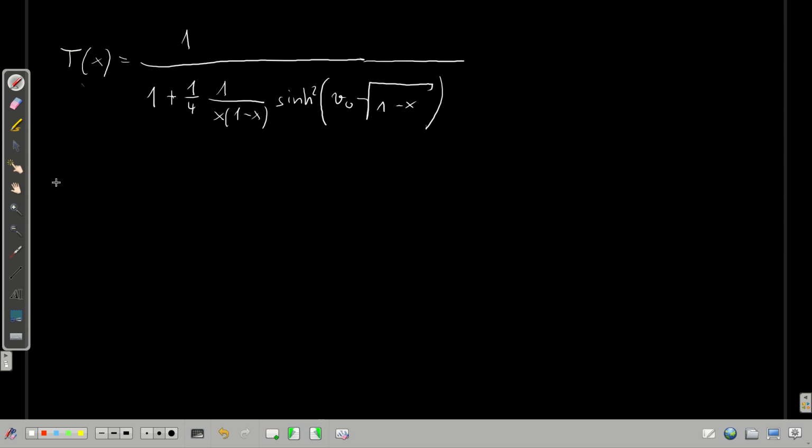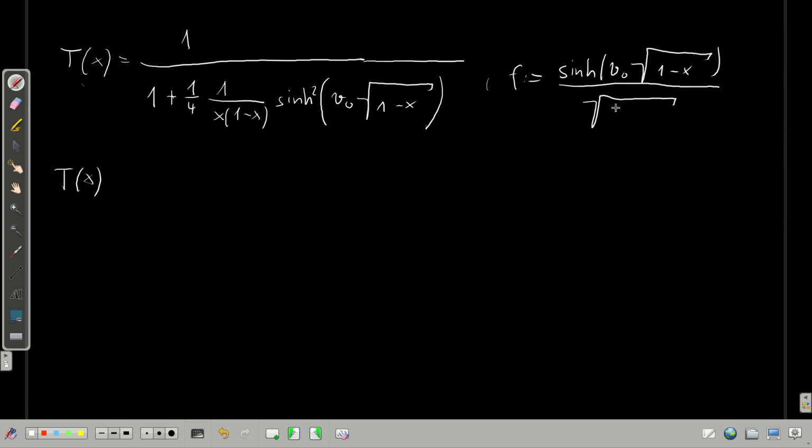And first, let me rewrite this expression with a function f, and f should be sinh of v naught times the square root of 1 minus x, divided by the square root of 1 minus x.